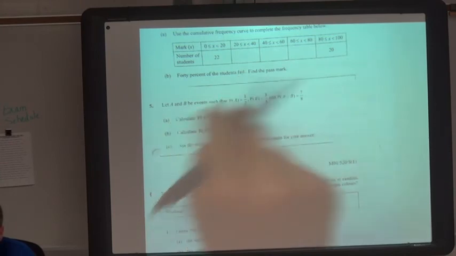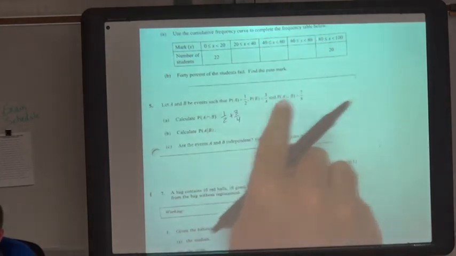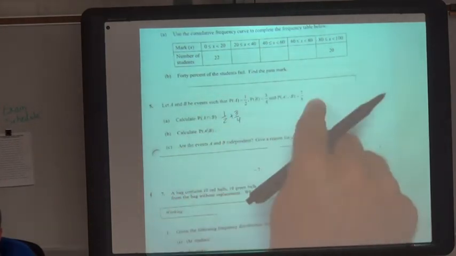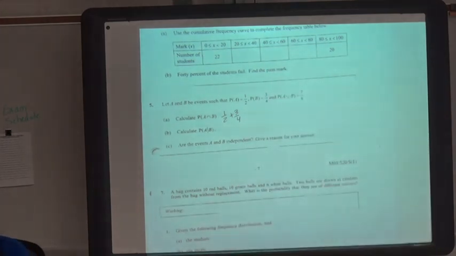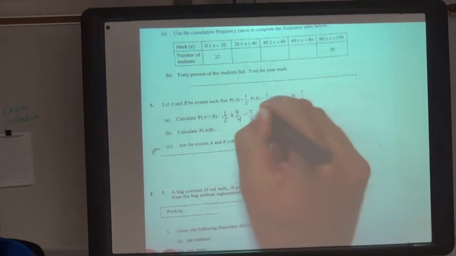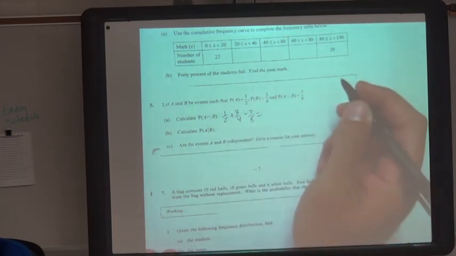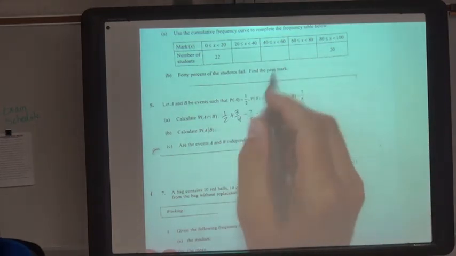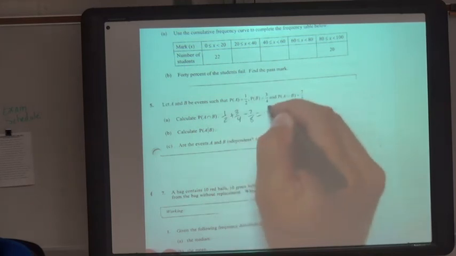Well, that means if you solve it back out, then this is also equal to these two minus that. You can just flip sides of the formula. So 1/2 plus 3/4 minus 7/8, so that's 3/8.